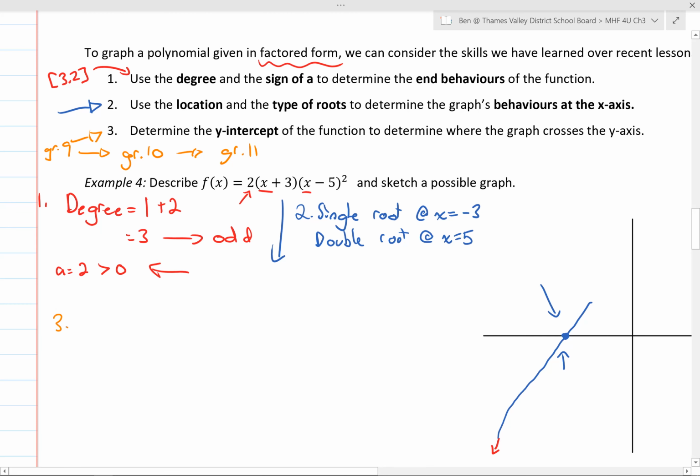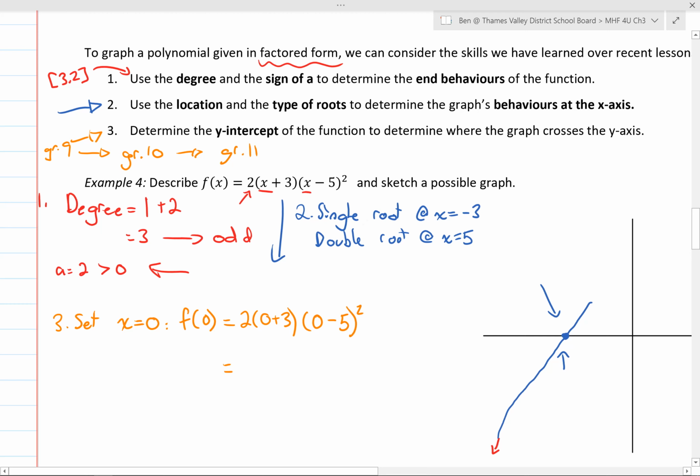If you are finding the y-intercept of your function, then you're saying, okay, that means x equals 0. So we can set x equal to 0. That is f(0) equals 2 times (0 plus 3) times (0 minus 5) squared.